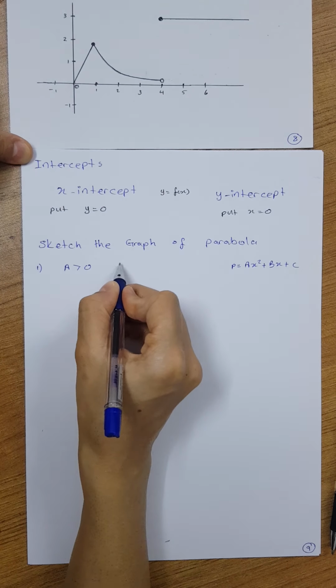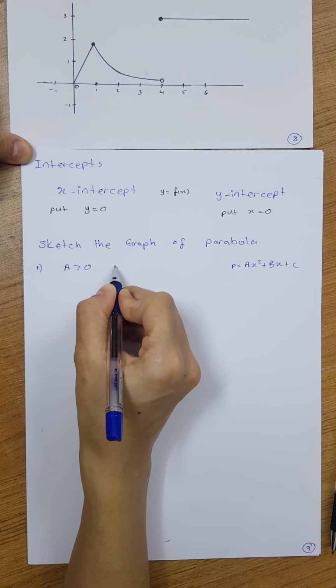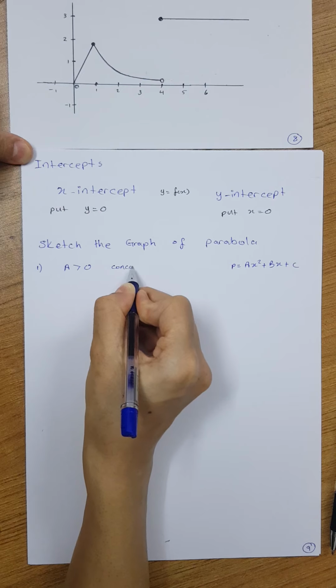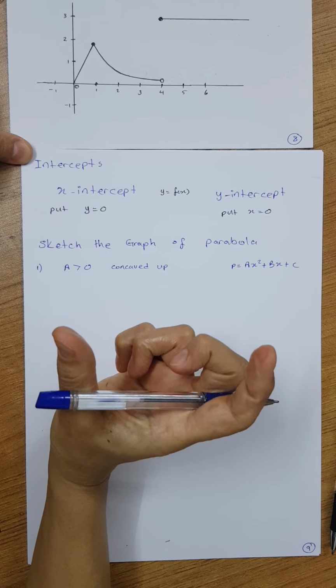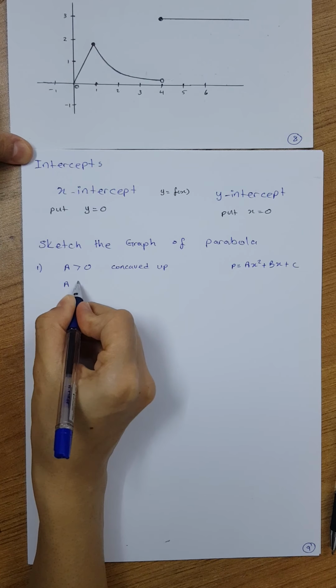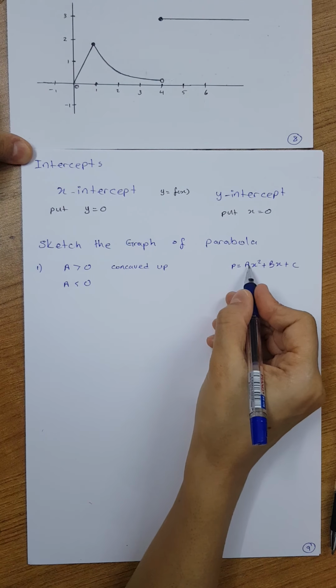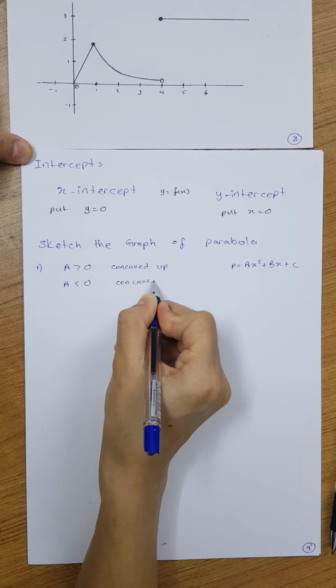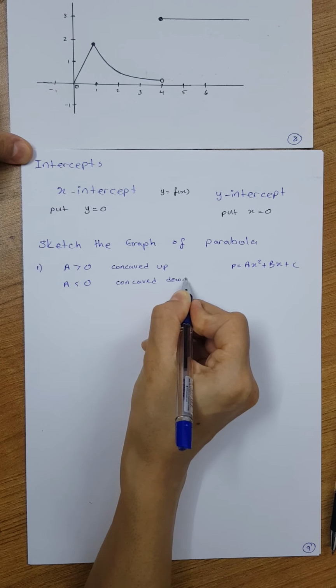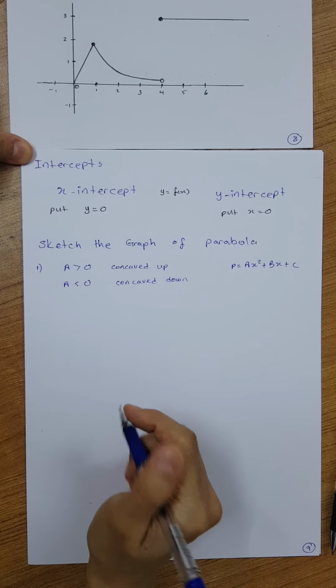If a is greater than 0, then it is concave up. That means I have got a cup shape facing up. If that a is less than 0, that means if it is a negative number, then the function is concave down. That means I have got a cup shape facing down.